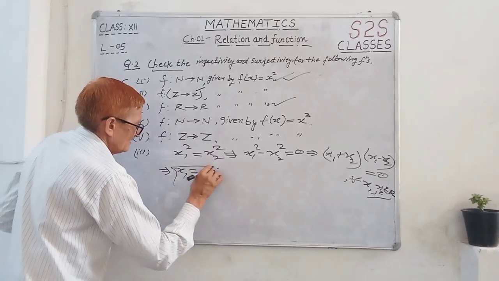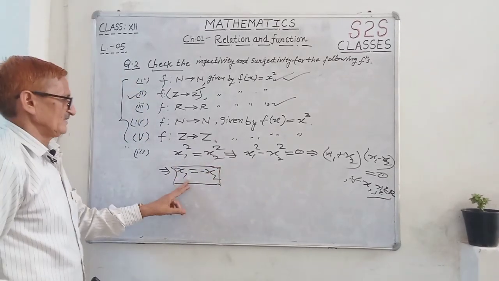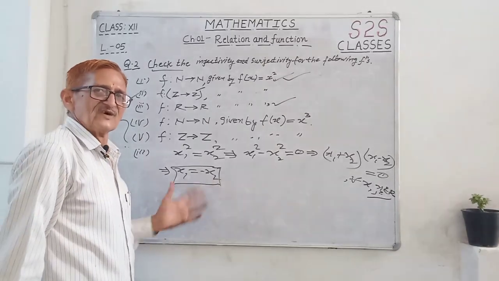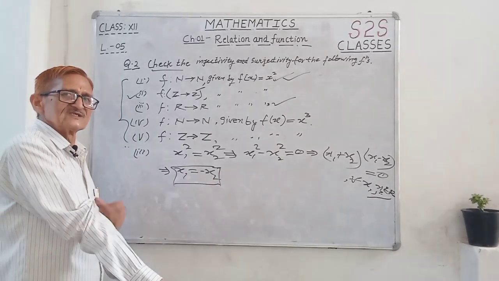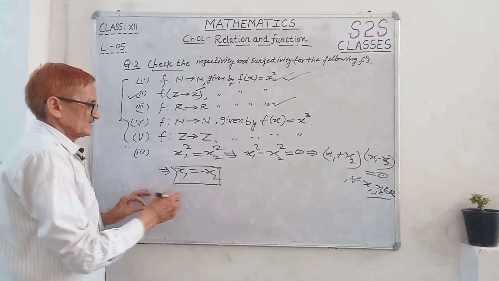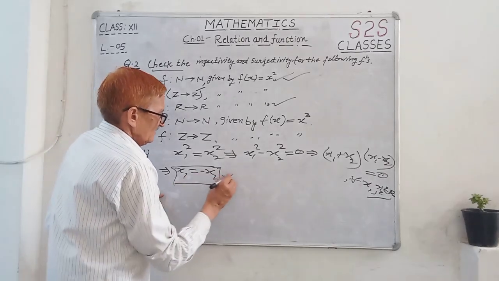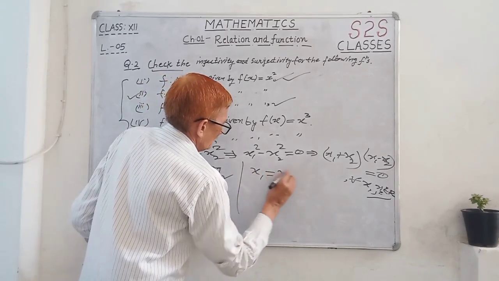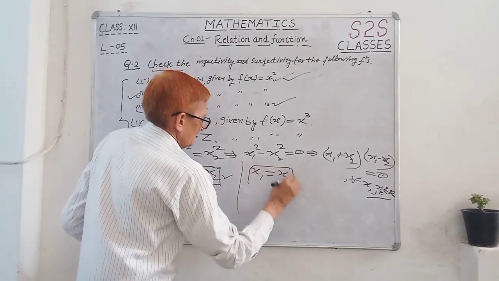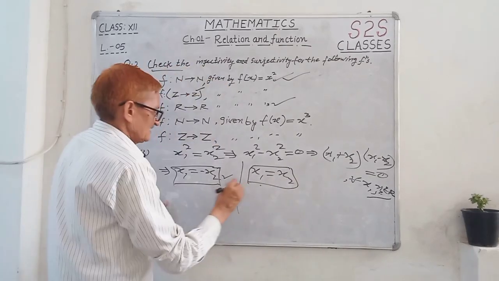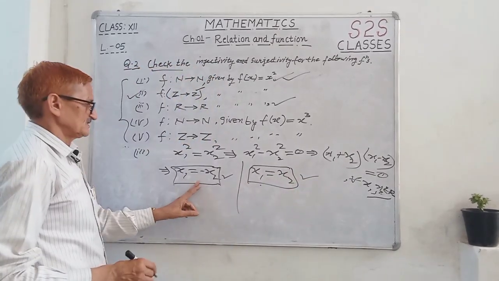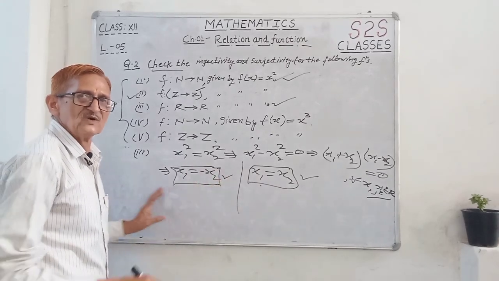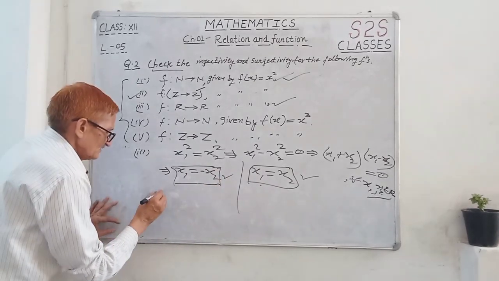For real numbers this is applicable, any one real number and the minus of another real number, because 1 upon 3 and then minus 1 upon 3. So it is applicable, and also x1 is equal to x2 from here. Due to this applicability, x1 is not equal to x2, so it is not one-one.